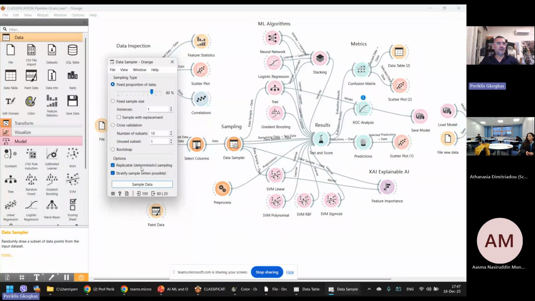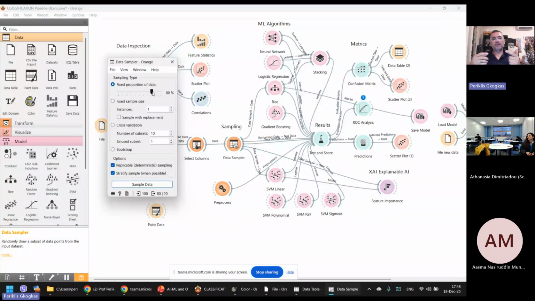Also, what is important here, we have the option to create replicable sampling, which means it is a deterministic sample. This means that every time I rerun my algorithms, I change something, I close Orange and I reopen Orange, the same exact observations are selected for the 80% and the 20%. Why do we need this?